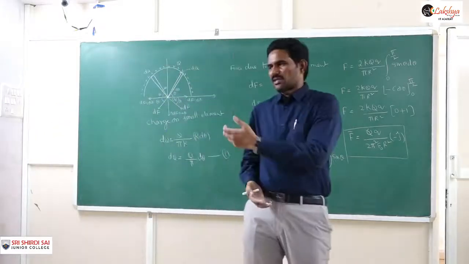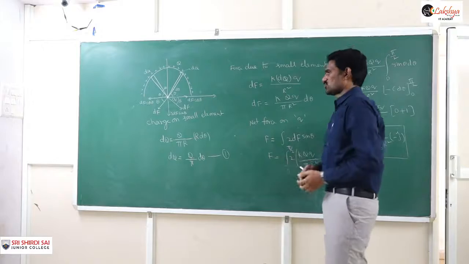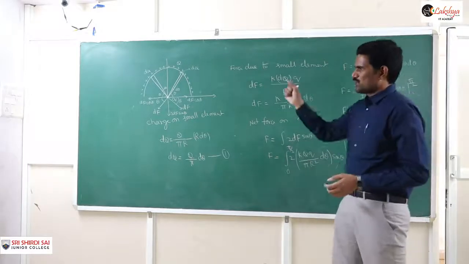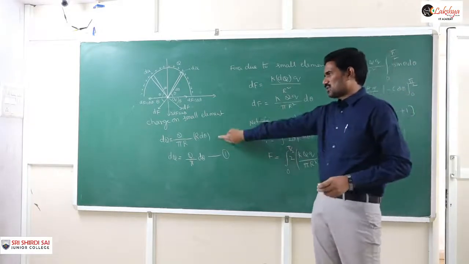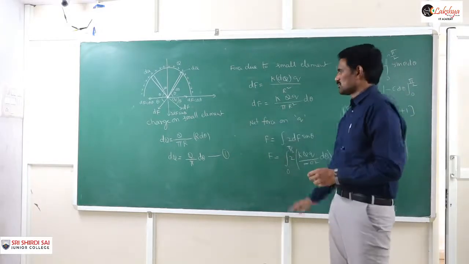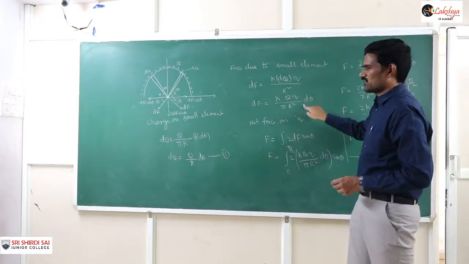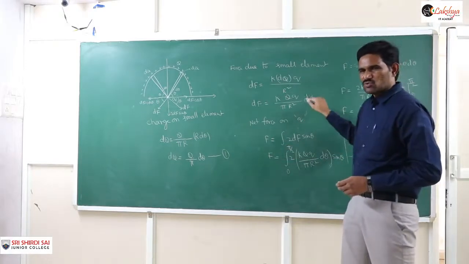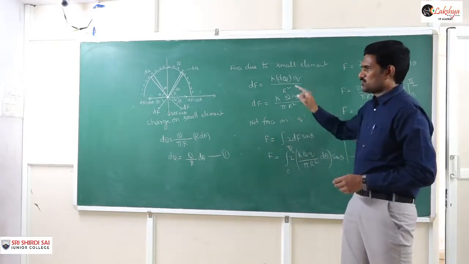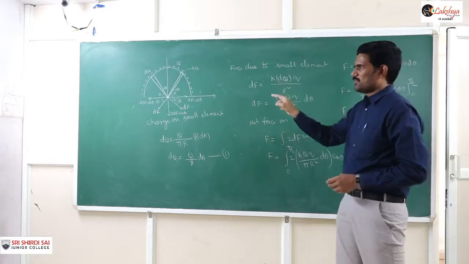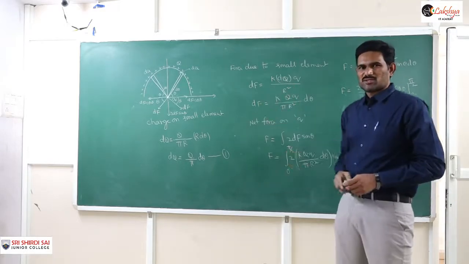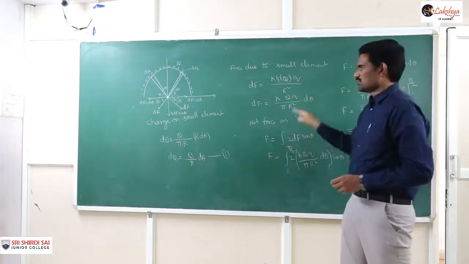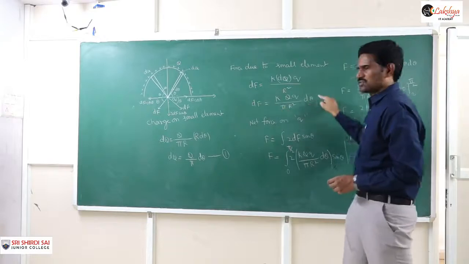So that is another example for this continuous charge distribution. Again we are taking the small elements. First we define the charge on that small element, and then we write the expression for force due to the small element. After writing this, you need to check whether the forces due to elements are in the same direction or different directions. If they are in the same direction, then directly you can integrate this expression.